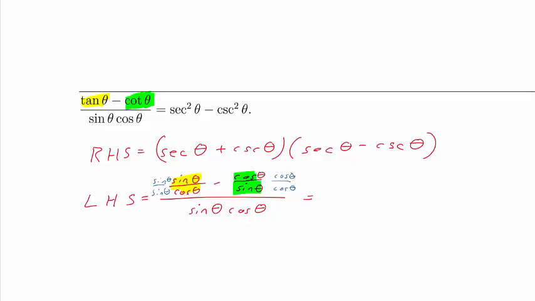And so we'll end up with sine squared theta minus cosine squared theta, all over cosine theta sine theta, and then again divided by cosine theta sine theta.